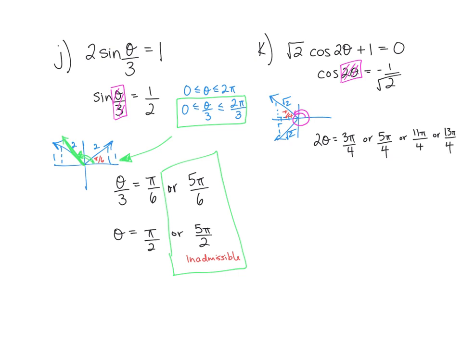At which point, again, we know 11 pi by 4 and 13 pi by 4 are outside of our current domain of 0 to 2 pi, but we still have to cut all of those values for our angle in half. So we will have 3 pi by 8, 5 pi by 8, 11 pi by 8, or 13 pi by 8, which we notice are all less than 2 pi.